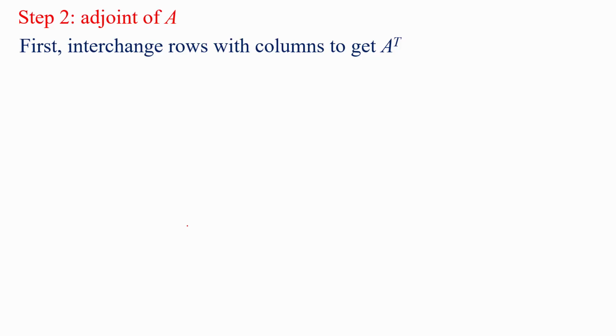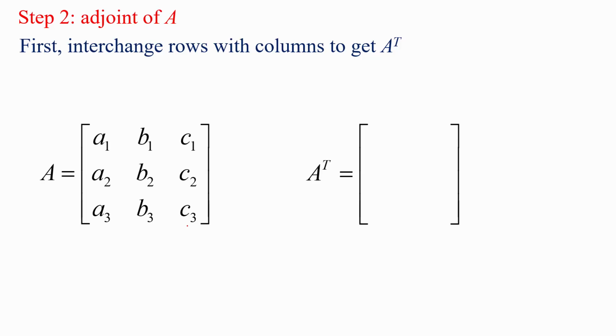Step 2, to work out the adjoint of matrix A, firstly we interchange the rows with the columns. What we get at that stage we call A^T, which means the transpose of matrix A. Transpose means interchanging rows with columns.